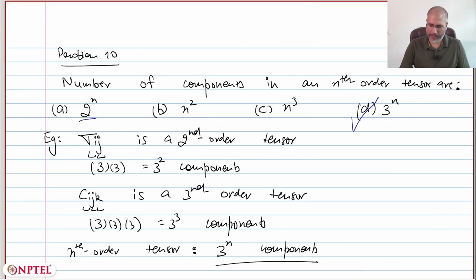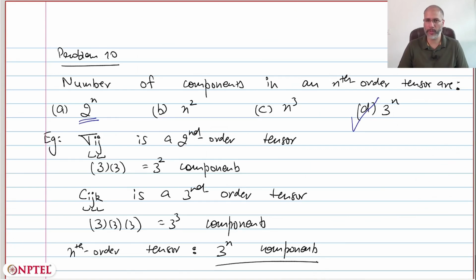Now, some people may get confused that the first option, option A, is 2 to the power of n. But that will be true if we live in a two-dimensional world. But as I've been mentioning again and again, we live in a three-dimensional world, and therefore we will always assume that the indices of a tensor can go from 1 to 3.